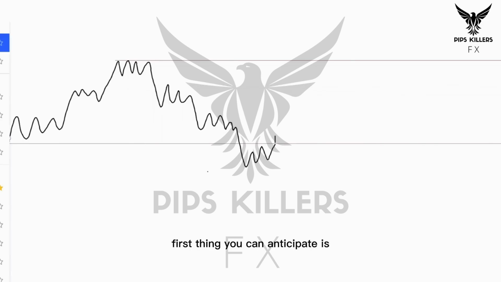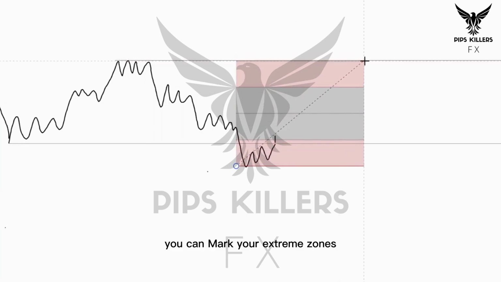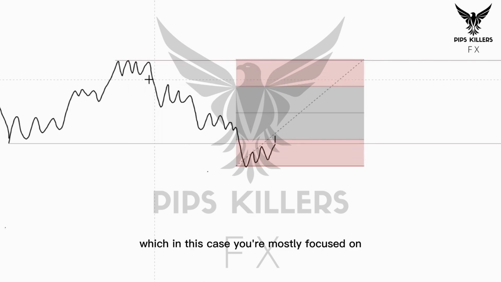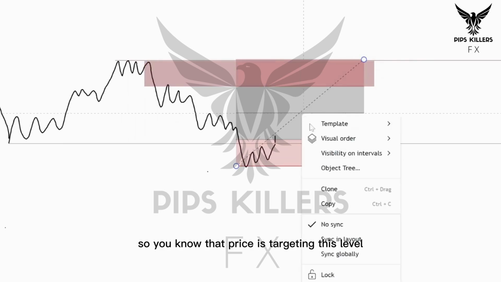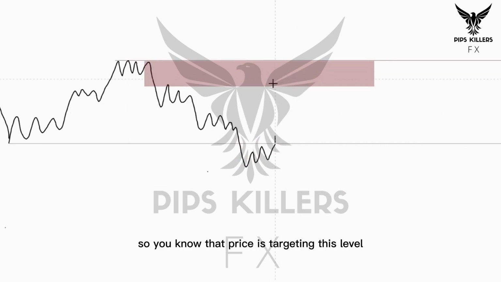First thing you can anticipate is if you plot your high and low, you can mark your extreme zones, which in this case, you're mostly focused on your supply zone. So you know that price is targeting this level, or at least aiming to target this level. So if you are looking for a schematic, you would be looking for a bullish schematic.